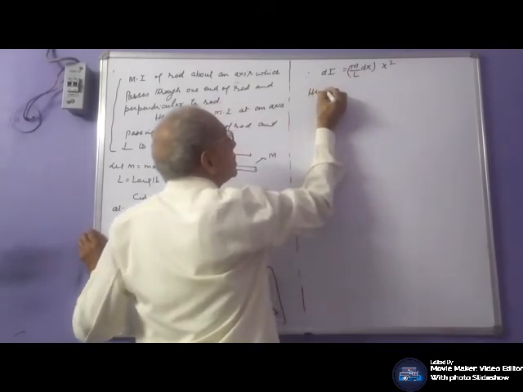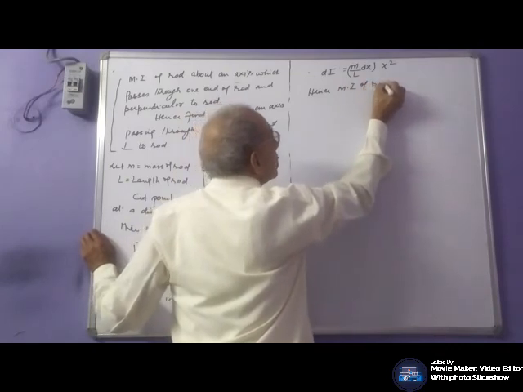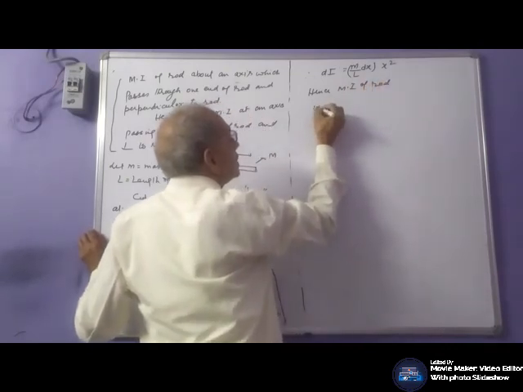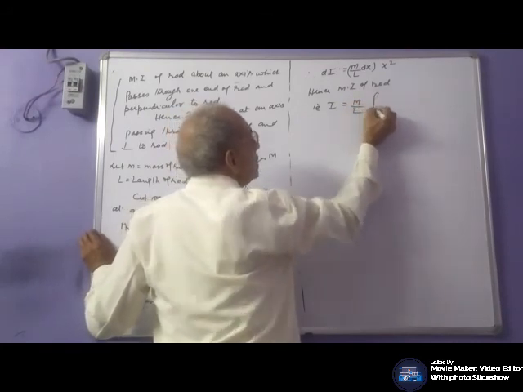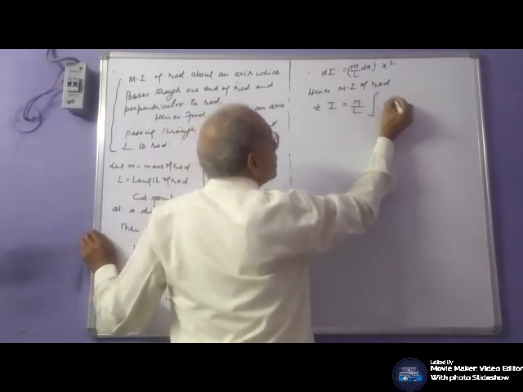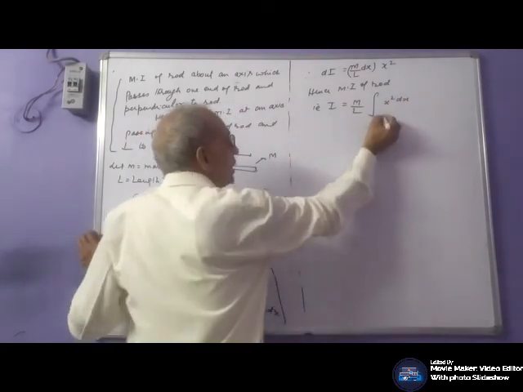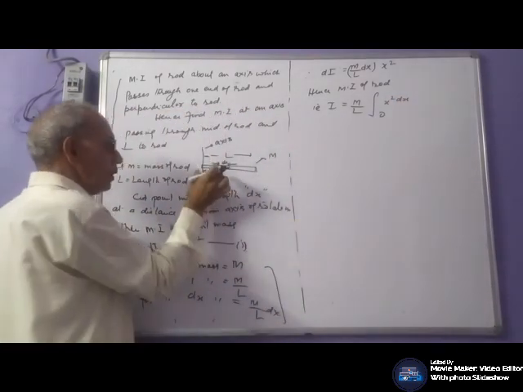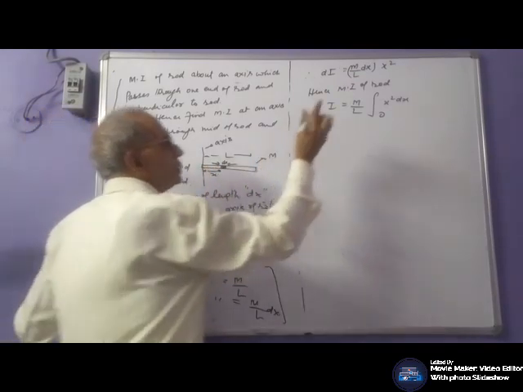Hence MI of rod, that is I, constant, integrate x square dx. What is x? Shortest value is 0, maximum value is capital L.